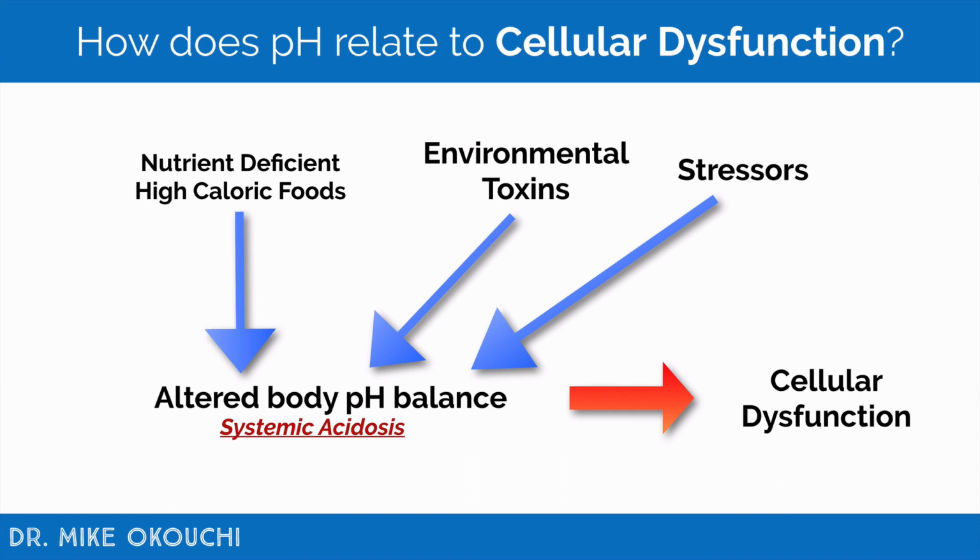Okay, remember, when we strip everything back, it goes back down to electrons and oxygen and nutrient delivery. Okay? So an altered pH balance is going to have decreased oxygen, is going to have decreased electrons. We reach a place we call systemic acidosis. That's what creates cellular dysfunction.